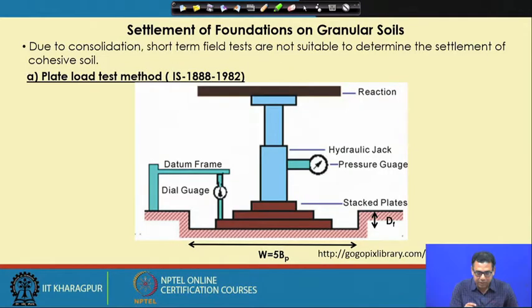But when you are talking about the settlement of sand or the granular material, then we have to use the field test data rather than the laboratory test data, because, as I have already mentioned, getting an undisturbed soil sample is possible or easy for the clay soil.